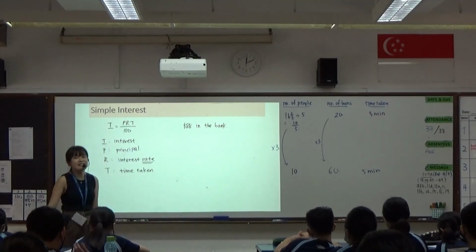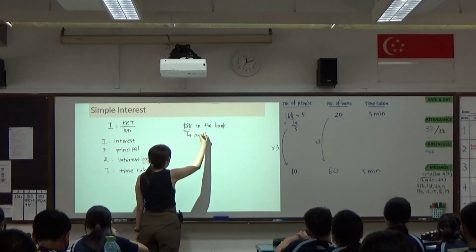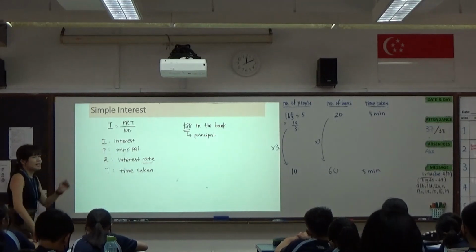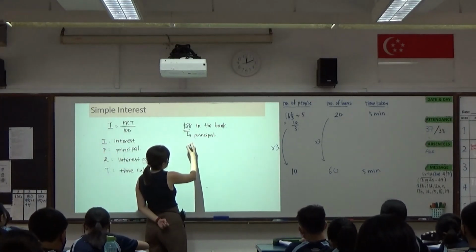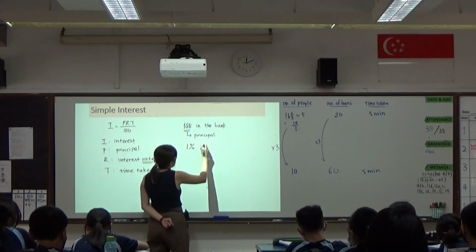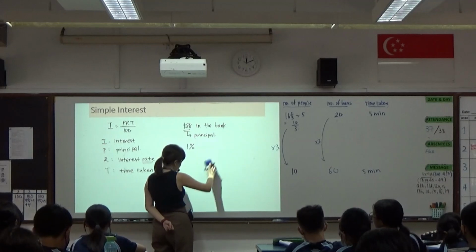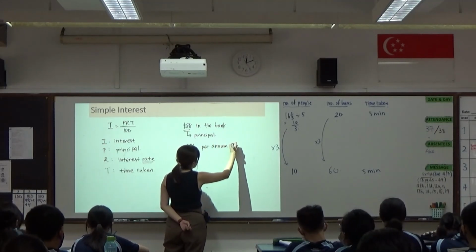So $88 is what we refer to as the principal. And then in this particular bank, they give you maybe a 1% simple interest. 1% per annum simple interest.